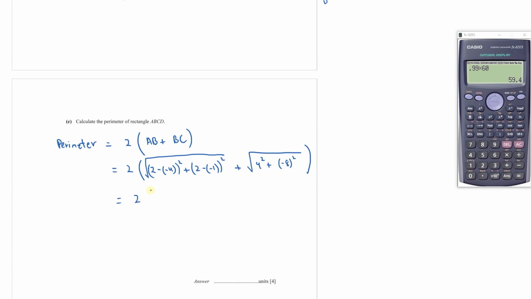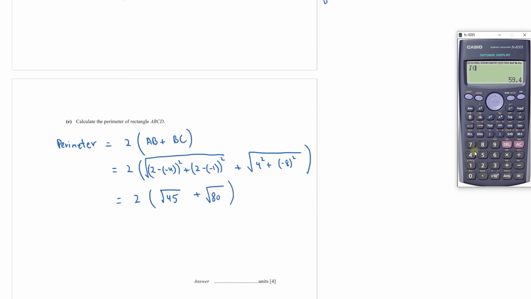So 6 squared is 36, 36 plus 9 is under root 45. So under root 45 will be the length AB, plus this will be 16 plus 64, which is 80. So under root 80 is the length BC.